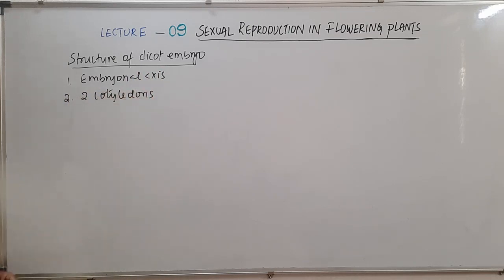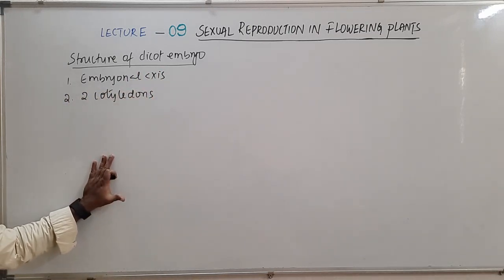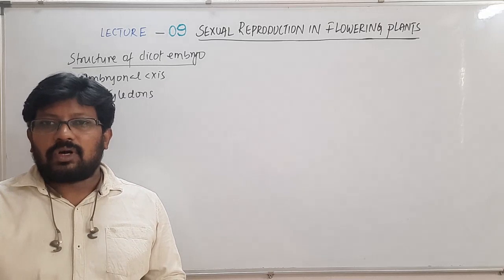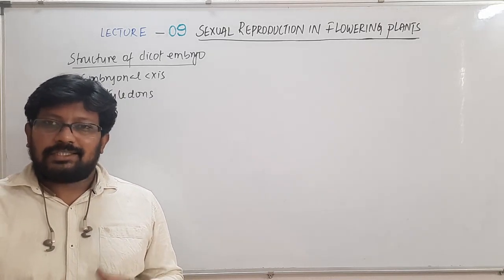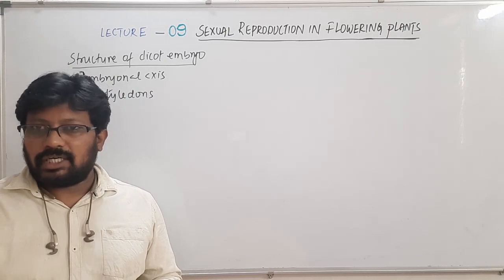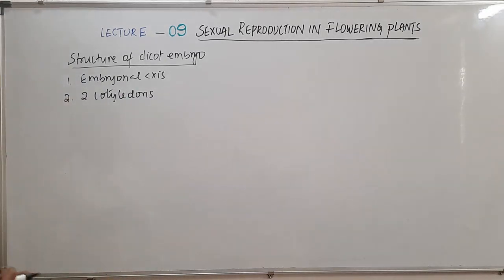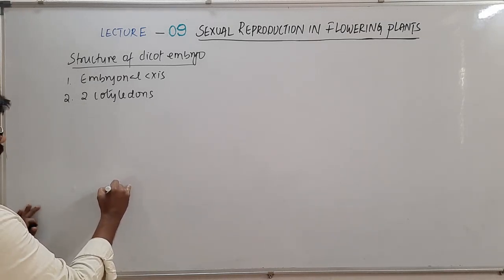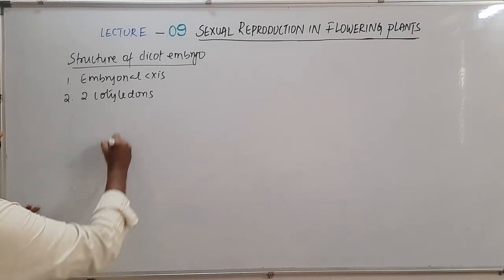Of course, basing on this number of cotyledons only, we classified angiosperms into two categories, that is monocotyledons and dicotyledons. In the case of monocotyledons, there is only one cotyledon, whereas in this case there will be two cotyledons. So now let's see the structure of this dicot embryo.